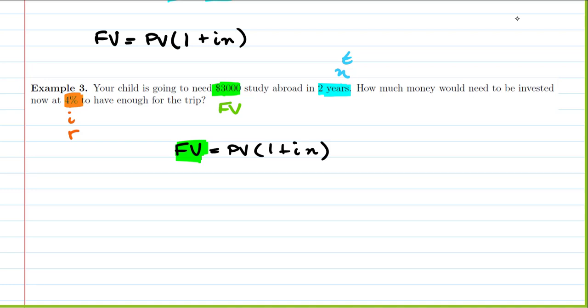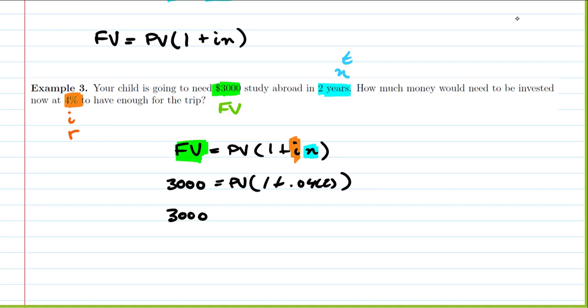So we're going to get the following equation. So we get 3,000 is equal to what we want, the present value, 1 plus, don't forget to turn our percent into a decimal, 0.04 times 2.